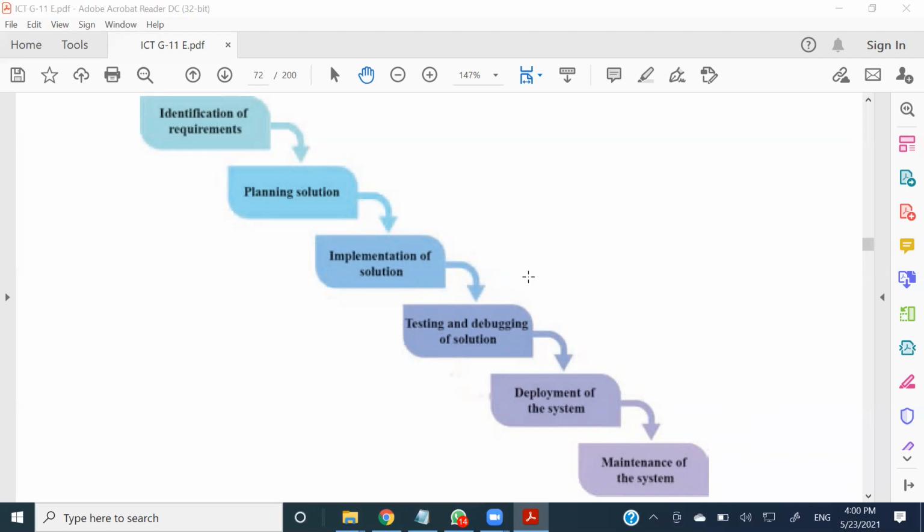For that reason, we say the waterfall model is suitable for systems which can define their requirements concretely. Otherwise, the waterfall model is going to cause a lot of problems. And due to that reason, lots of project teams are not using the waterfall model, right?